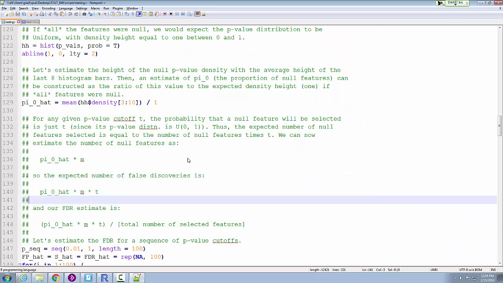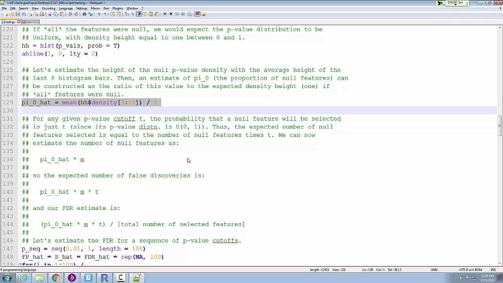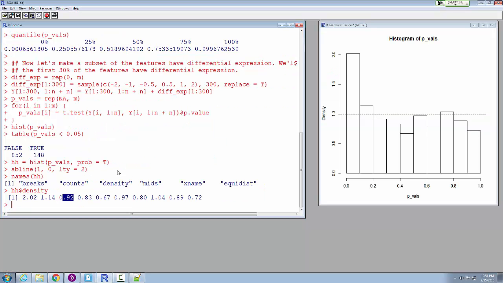That's what this is going to do. So pi 0 hat is the average of that density element of the hist output, just taking the 3rd through the 10th one, because those are the heights of these rectangles. I'm going to leave out the first two because I think that includes a lot of the differentially expressed features. I just want the height of the flat part.